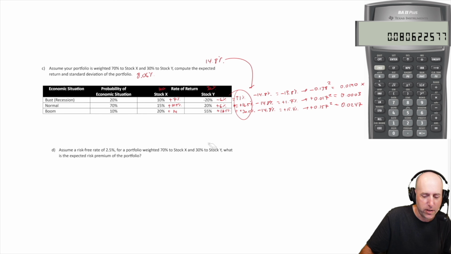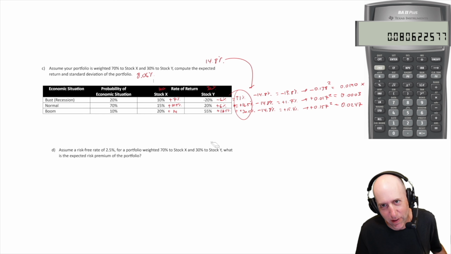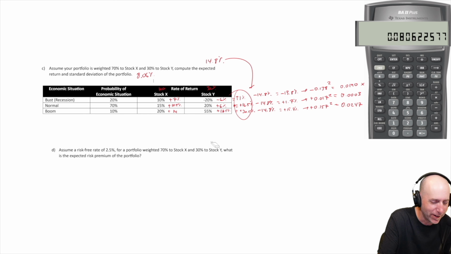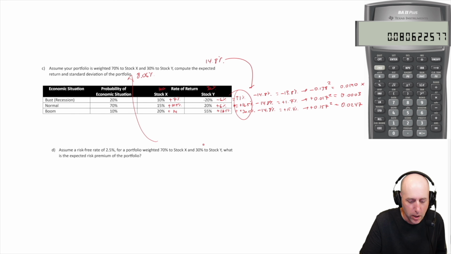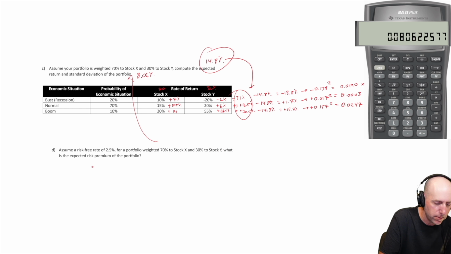The last piece, actually a very short one, mercifully short, given how long that took. Assume a risk-free rate of 2.5% for the portfolio above, same portfolio. What is the expected risk premium? Well, the risk premium is just the expected return minus the risk-free rate.